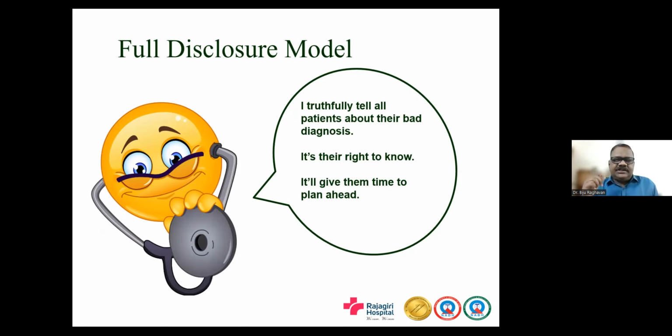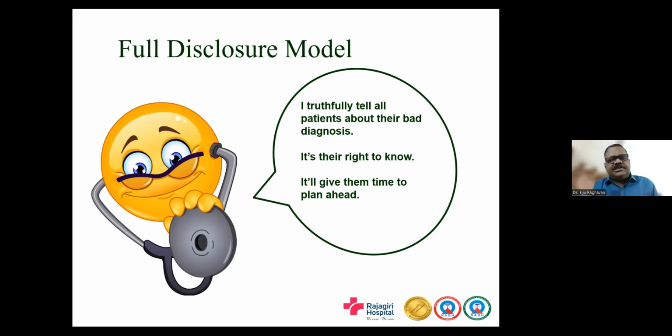In our culture, the patient's autonomy is usually subservient to the family's right over the individual. So individual rights is one step below the family's right or the community's right. So in our culture, the patient's autonomy is not as sacred as it is in some other cultures.